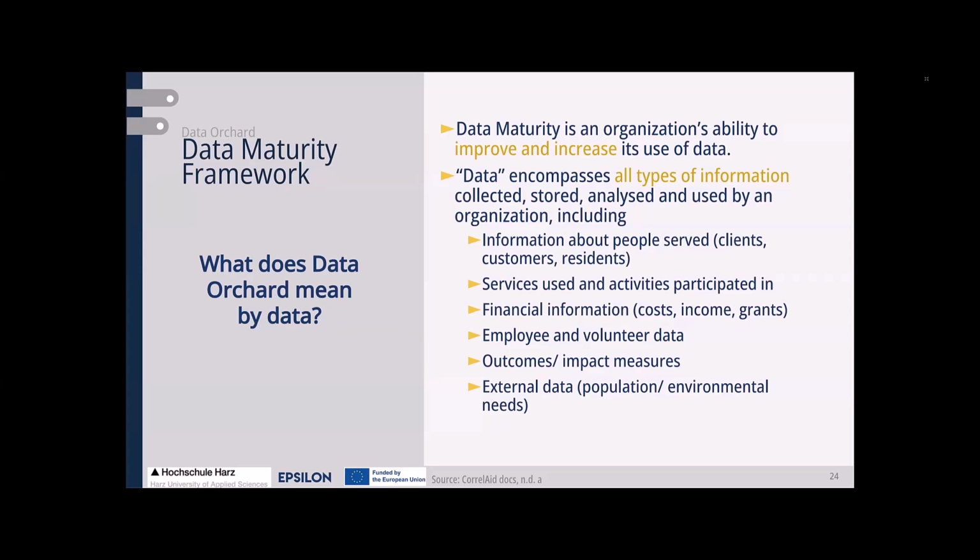So what does information mean? Normally, social organizations do have information about people, clients, customers, or residents they serve. Also, services used and activities participated in are subsumed under the word data. As well, financial information, such as costs, income, grants, and so on, belong to the field of data. Also, employee and volunteer data and outcomes and impact measures belong to data.